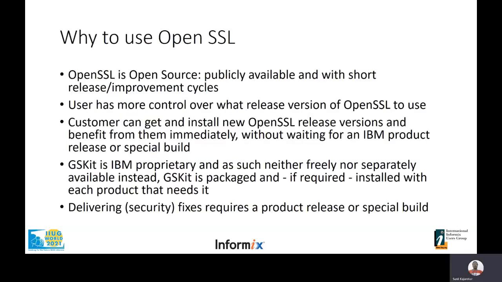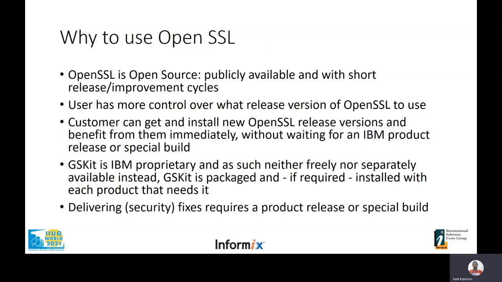Okay, so why to use OpenSSL? OpenSSL is an open source library, publicly available with short release improvement cycles. In this case, the user has more control over the release version of OpenSSL to use. Customer can get and install new OpenSSL release versions and benefit from them immediately without waiting for an IBM product release or special build.